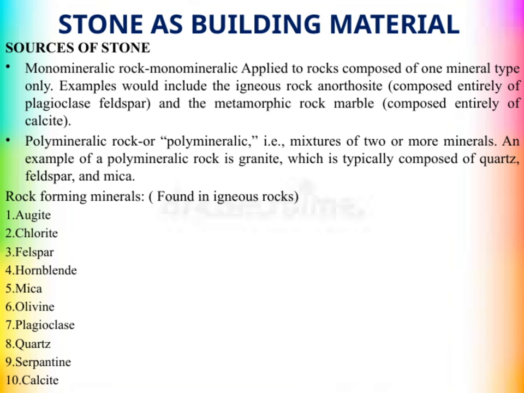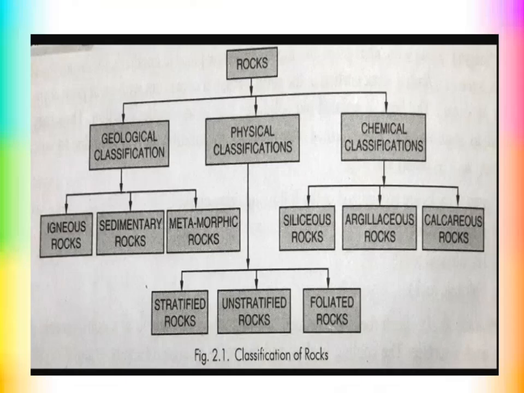Finally, understanding the mineral makeup of stones is crucial because it directly impacts their suitability as building materials. The choice of stone depends on its mineral composition, which affects durability, appearance, and workability, making this knowledge fundamental for construction and architectural design.